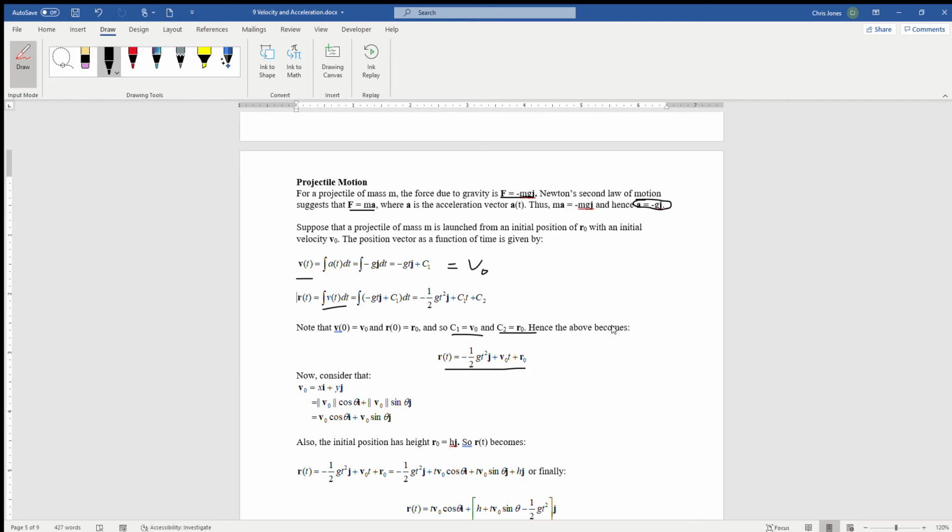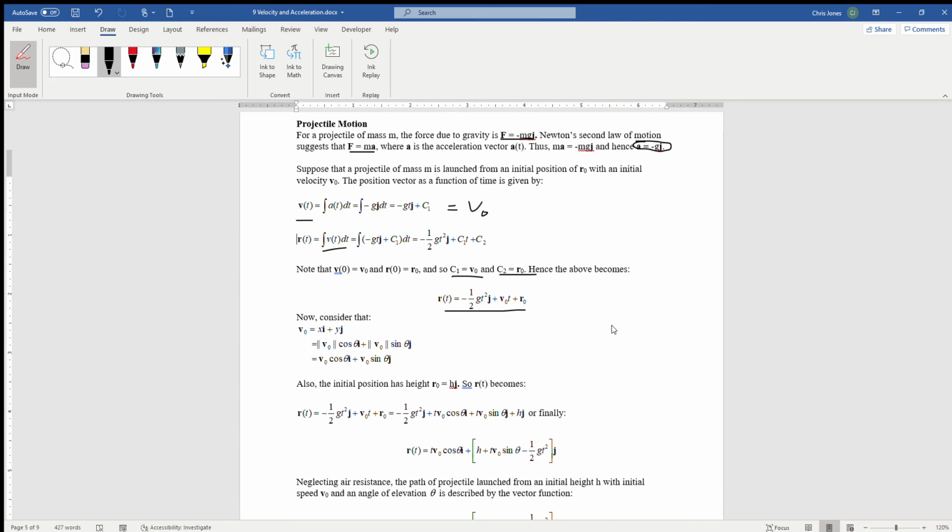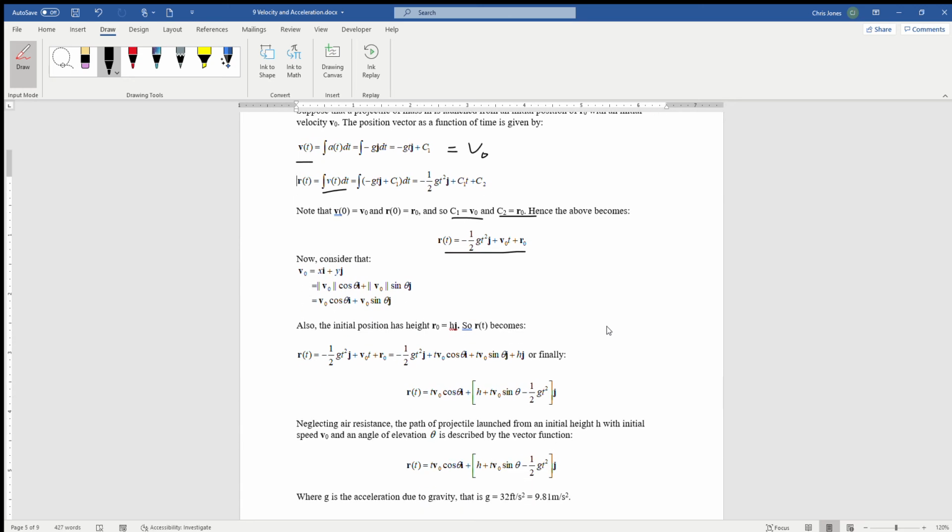Now, let's also consider the unit circle definition of x and y. So the initial velocity, we can define as xi plus yj, and we just use the unit circle definition. So we have the magnitude times cos, magnitude times sine. This is just a circle of radius v naught, and it just becomes this statement right here.